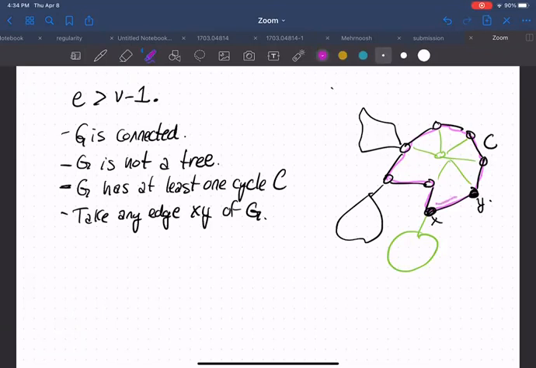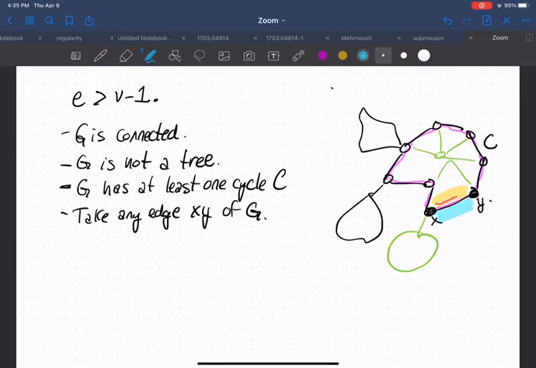There's a face on this side of the edge. There is also a face on the other side of the edge. Now, I claim, and you can check, that those are two different faces.